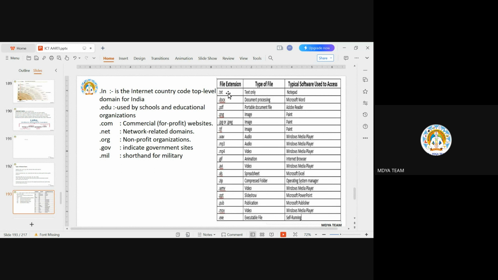Okay. These are the file extensions. .txt is for text only, used in Notepad. .docx, as you read out when I share the notes, please read them out, because sometimes questions ask which file extension is related to which software. .jpg for Paint, .tif is also for Paint, then mp3, mp4.